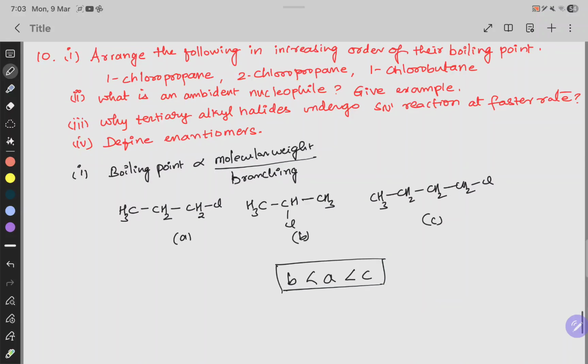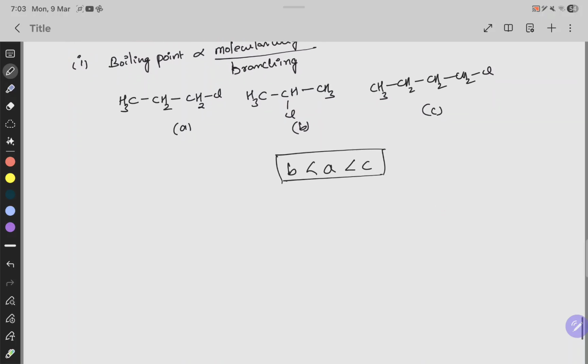Next one, what is an ambident nucleophile? Give an example. An ambident nucleophile means obviously the lone pair electron donor will be a nucleophile. Ambident means, dent means denticity, how many atoms are there to donate. Ambi means 2. Suppose you take the example C triple bond N minus.